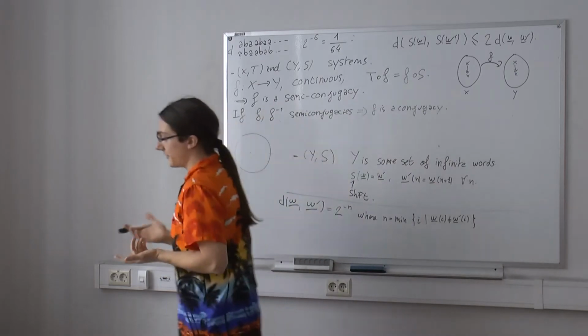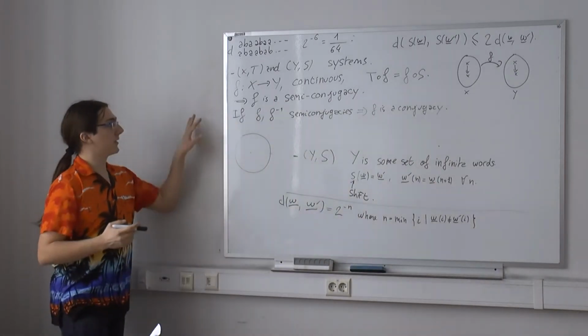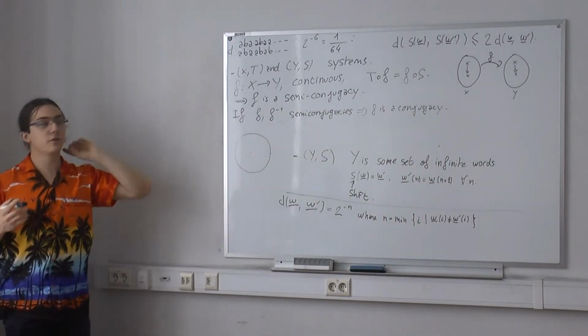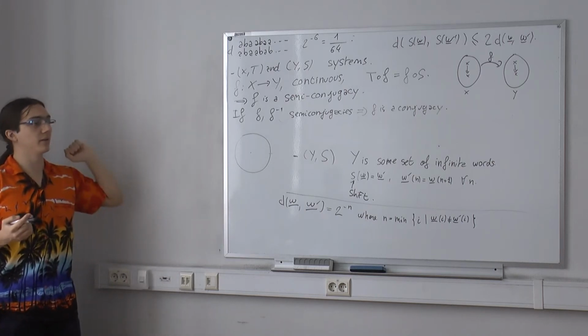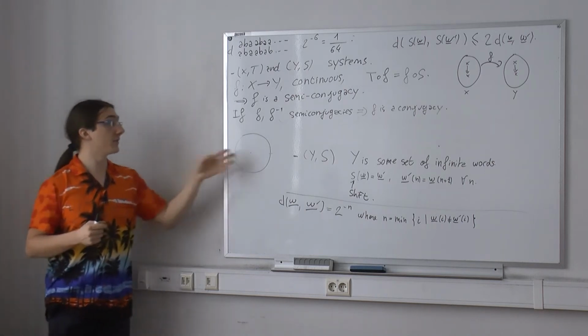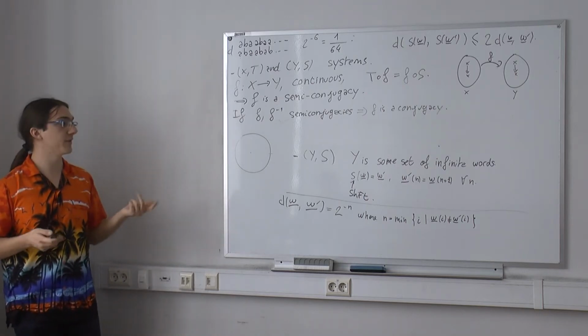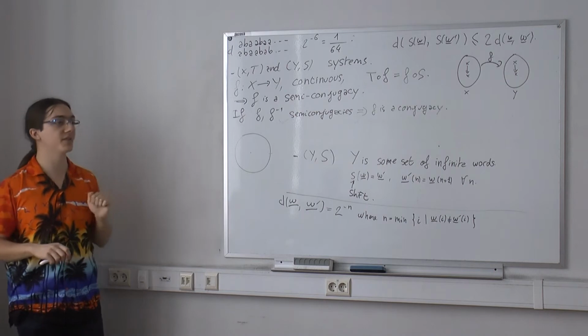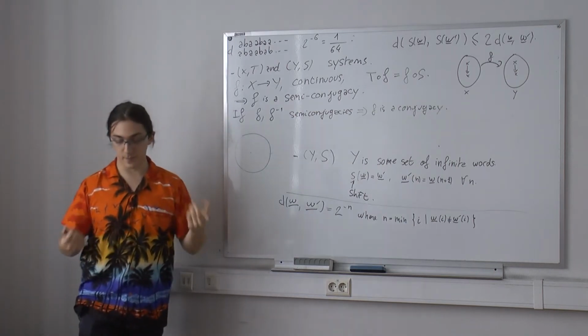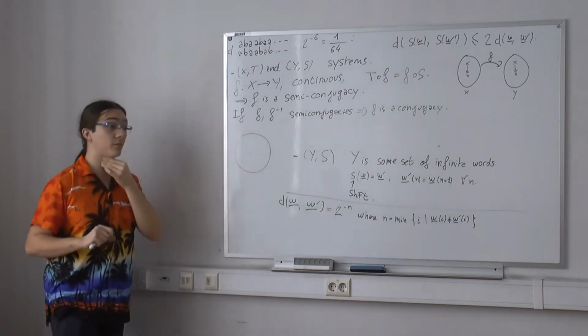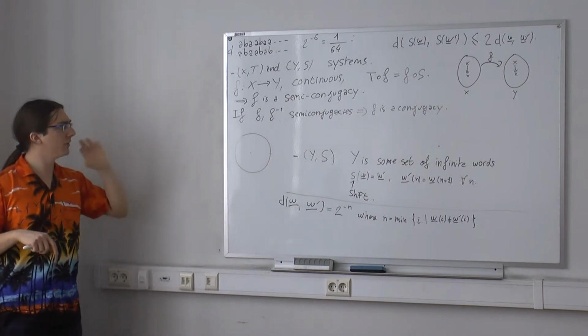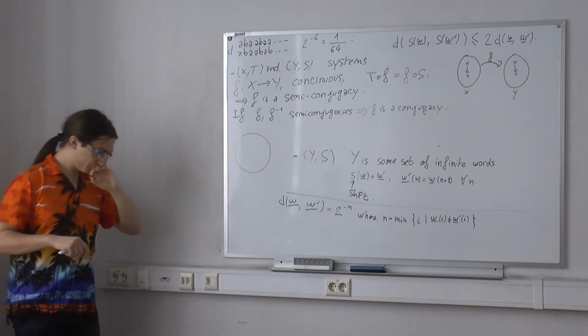I won't get into the details of that, but conjugacies preserve all good dynamical properties, like continuous functions preserve things in topology, or linear maps preserve things in linear algebra. Here conjugacies preserve properties of dynamical systems.